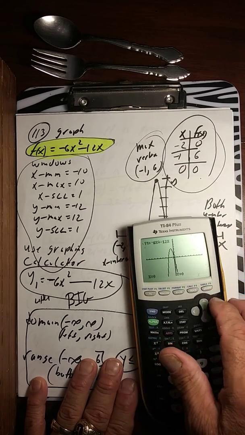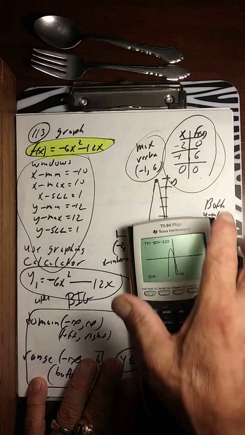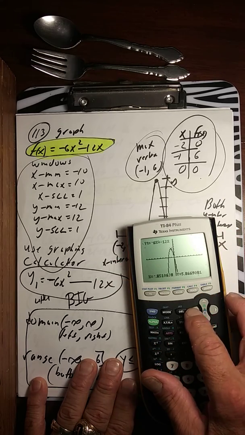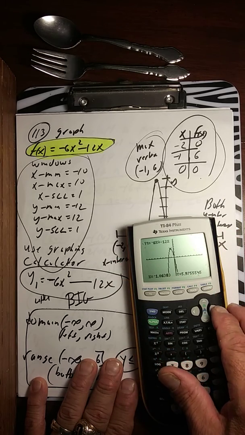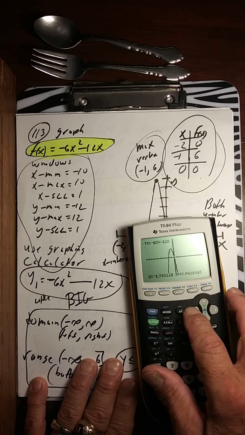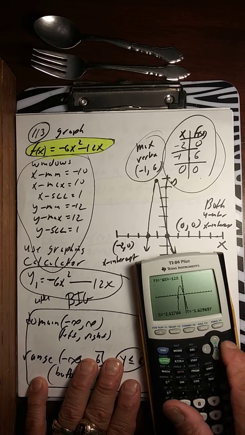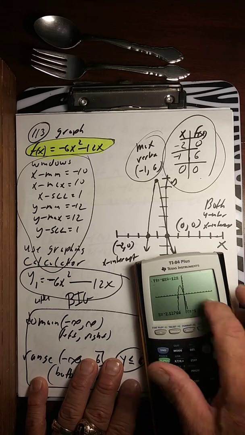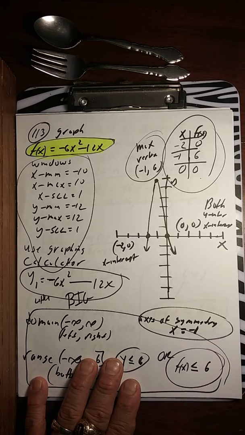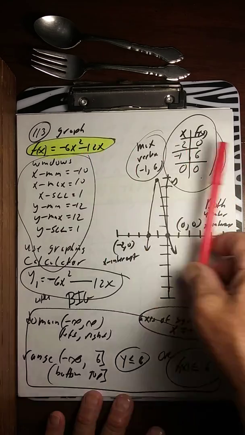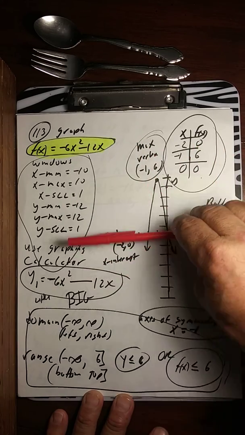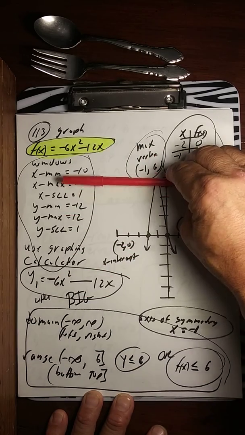Can we do trace? Of course. So you got (0, 0) is a point, keep going to the left, you'll get other points in there, like (-1, 6), keep going to the left, you'll get like (-2, 0) is another one. Pretty close in there somewhere. Okay, so now domain is all real numbers, range goes from here, stops there at 6.